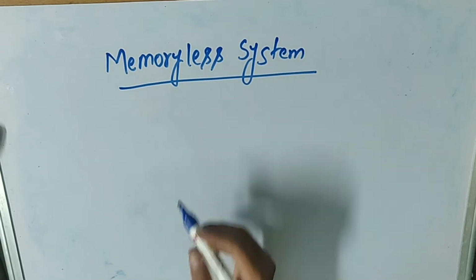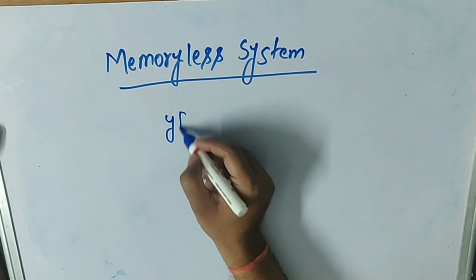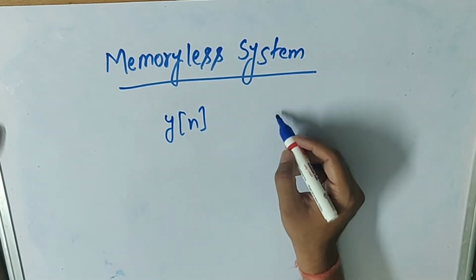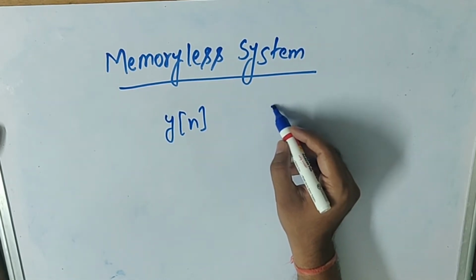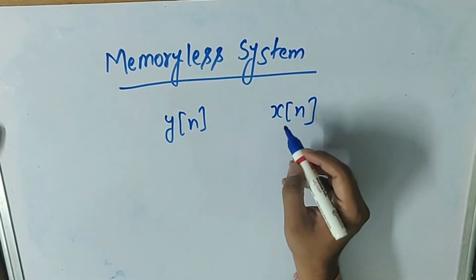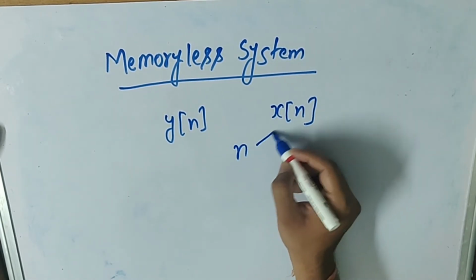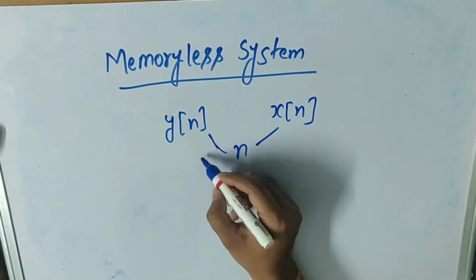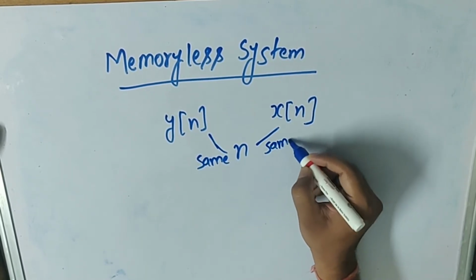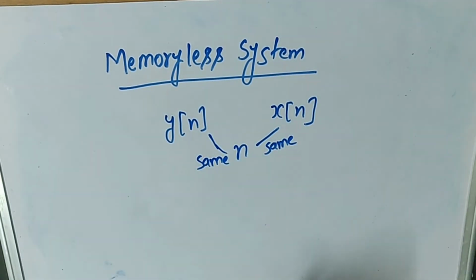Or in other words, when the output y[n] depends on input x[n] at the same n. In this way we can say that this system is a memoryless system.